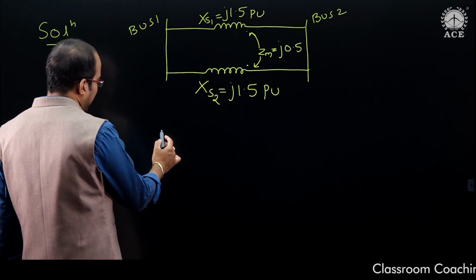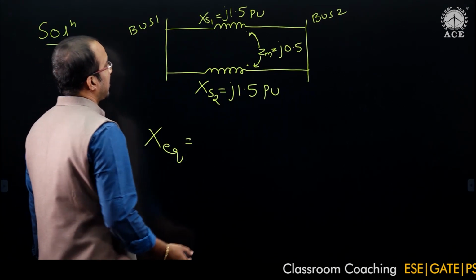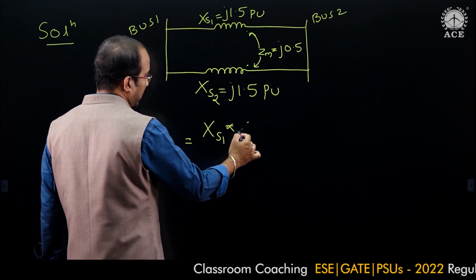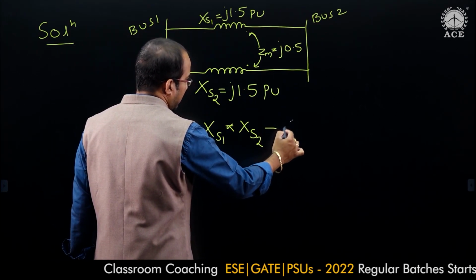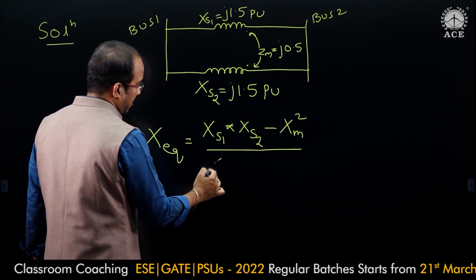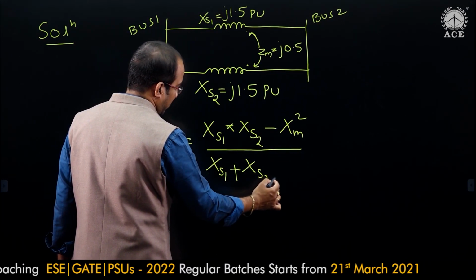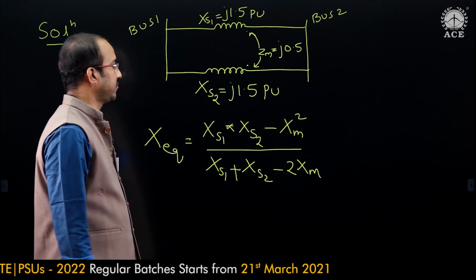So, we can write X equivalent as XS1 into XS2 minus XM square by XS1 plus XS2 minus 2 times XM.